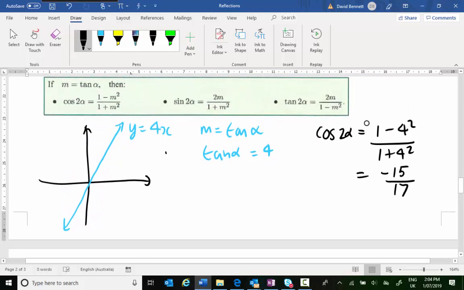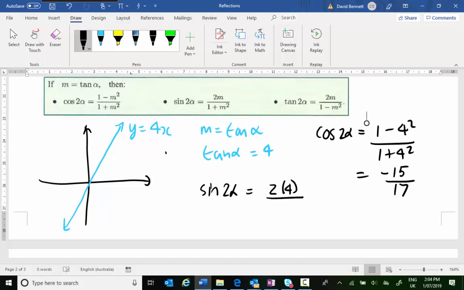If I work out what my sine of 2 alpha is, that's going to be 2 times m, so it's 2 times 4, all over 1 plus 4 squared, so that's going to give me 8 on 17.